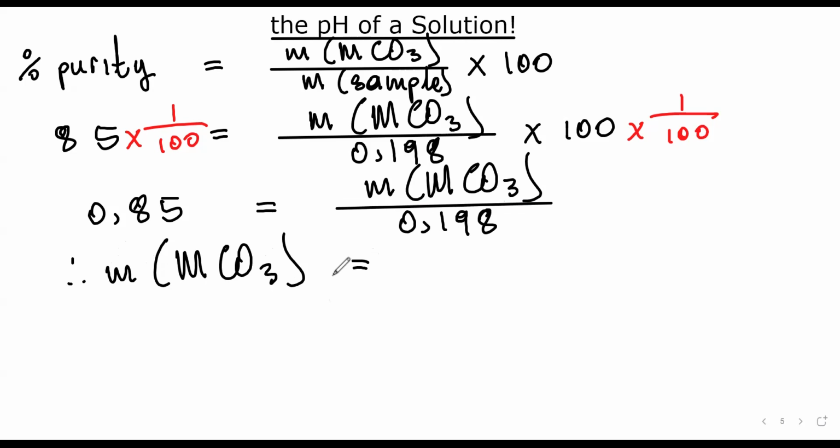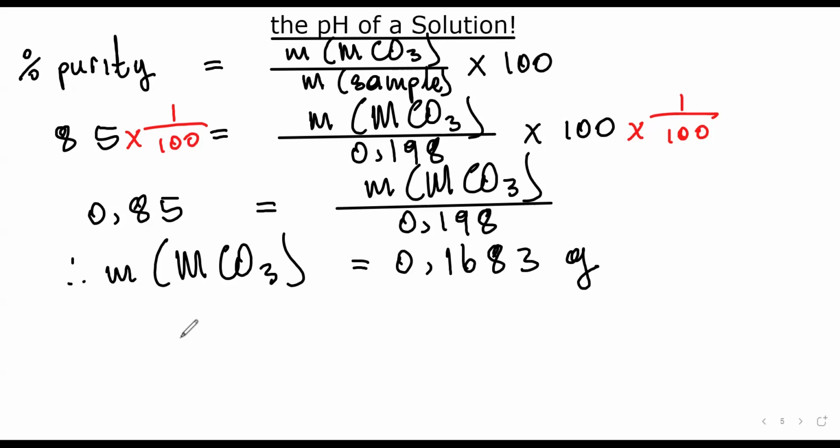So when we say 0.85 times 0.198, well, we find that the mass of this metal carbonate will be 0.1683 grams.